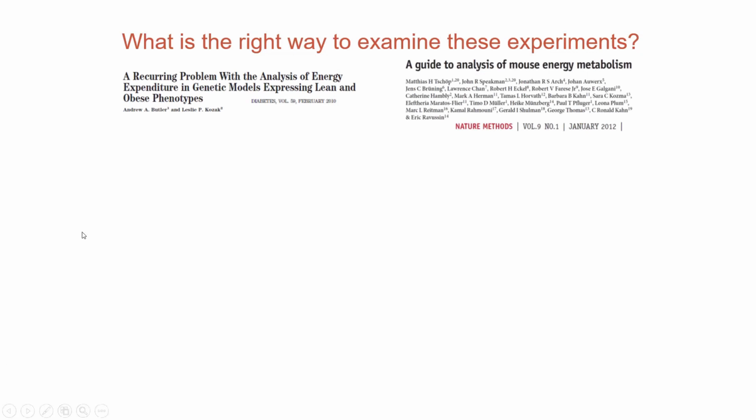Instead, these two authors, Butler and Kozak, said there's a recurring problem where people keep doing what just happened in that Science paper. People had been inappropriately dividing by body weight when you have mice with more obesity or less obesity, and it was causing a series of artifacts. The way in which they did this was quite problematic.